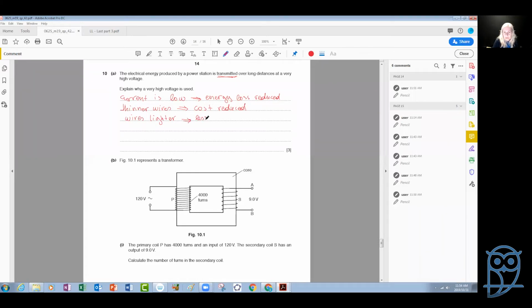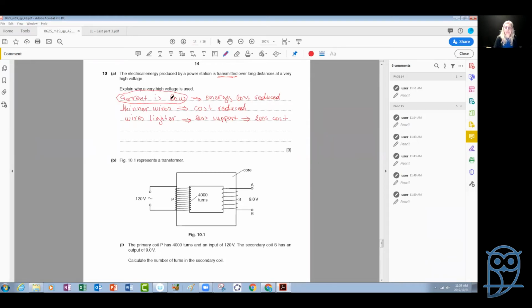Less support, in other words, we can have fewer pylons to support them, which means again less cost. So you see there are very serious consequences of using low current.